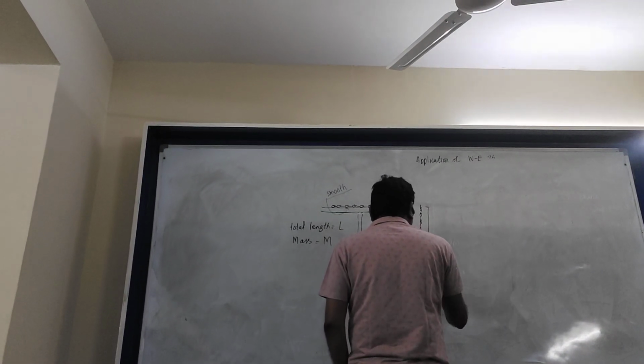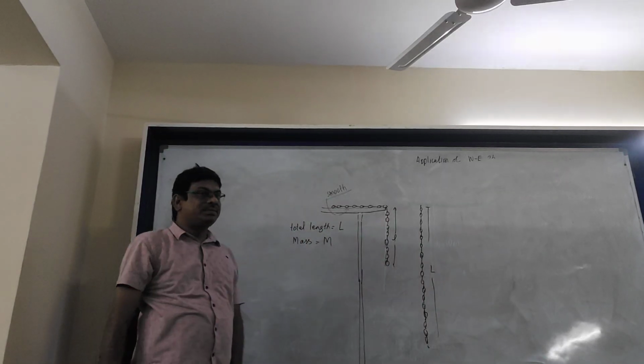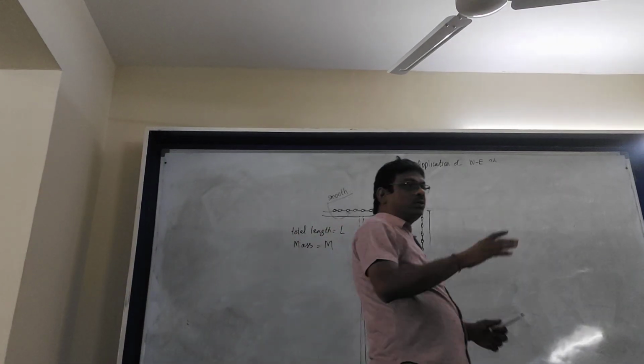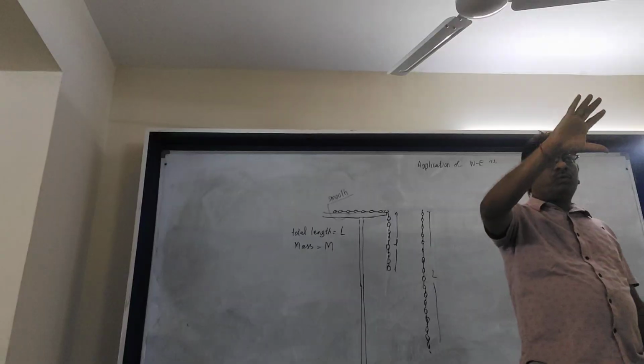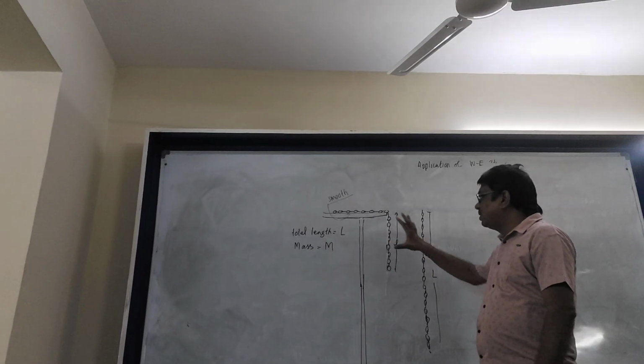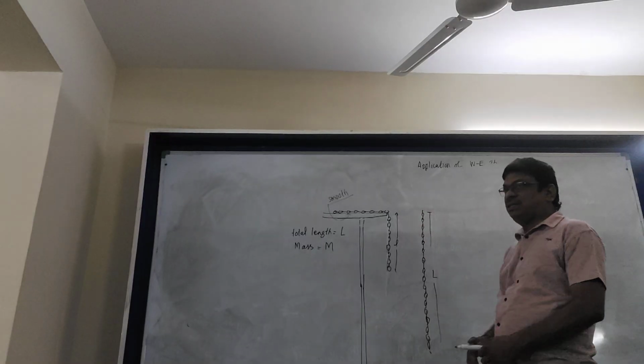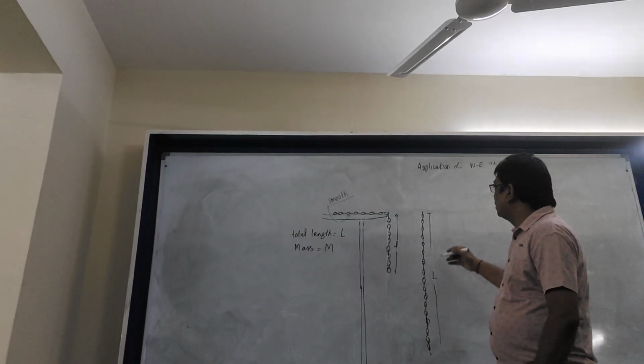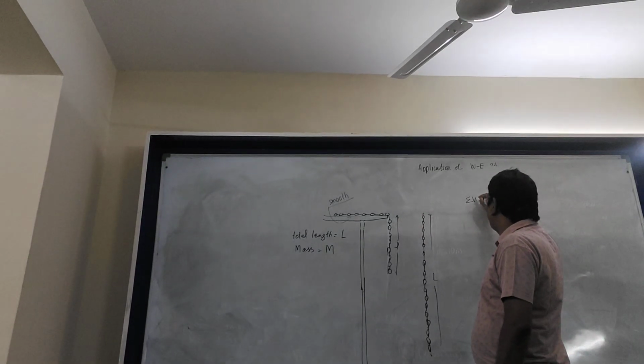So, as I told you, we have to be very clear between the two positions between which we are about to apply work-energy theorem. So we are about to apply work-energy theorem between this situation and this situation. Work-energy theorem states that sum of work done by all the forces is equal to change in kinetic energy.